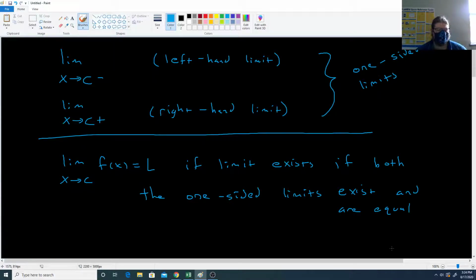So the one-sided limits have to not only exist, but they have to approach the same number. So we'll look at a couple quick cases of this.